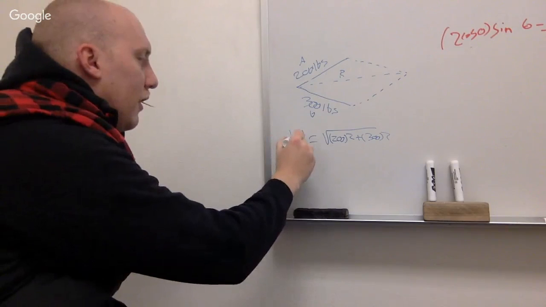So the absolute value of R equals 425.1. But I don't know how you get 425 out of that. I don't either. Initially, just looking at it, I thought you just added the 200 and 300, but it's not that.